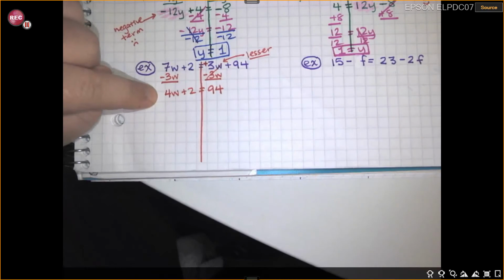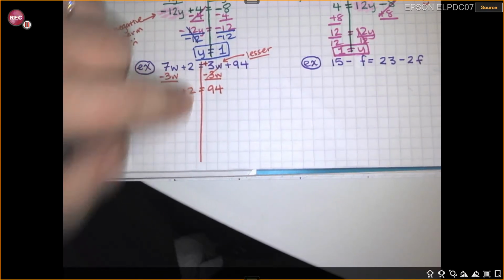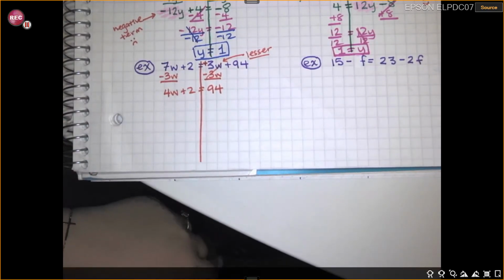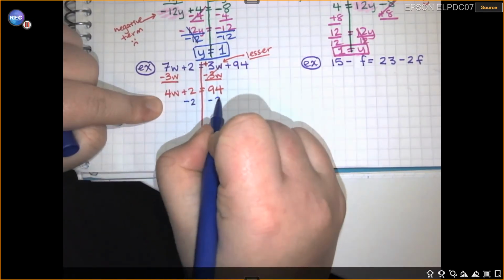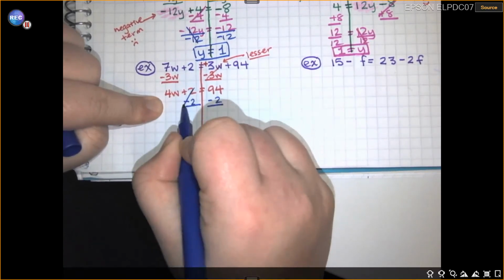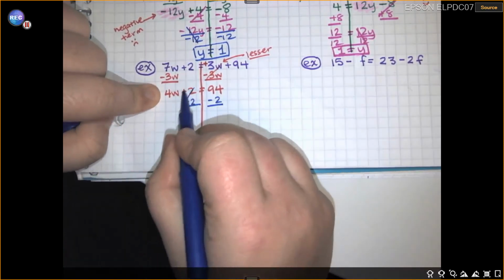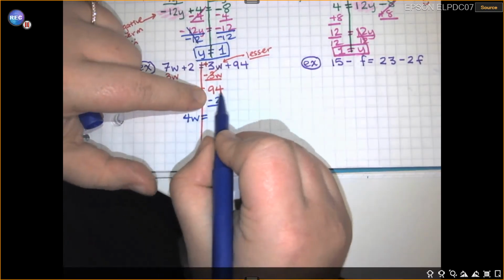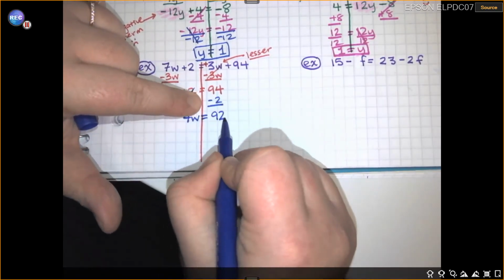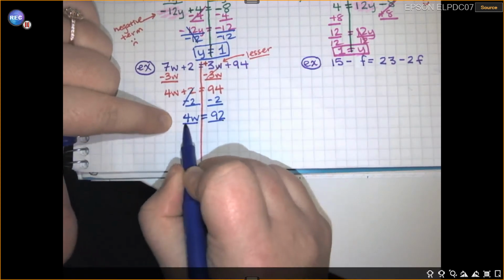Okay, so notice that that's positive 4w. If I had done it the other way, it would have been negative. No thanks. Okay, then move the thing without the variable, so minus 2, minus 2. So over here, the plus 2 minus 2 go away. We have 4w equals 94 minus 2 is 92. Divide both sides by 4.